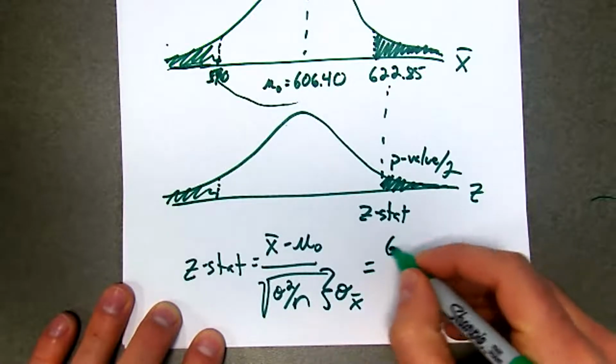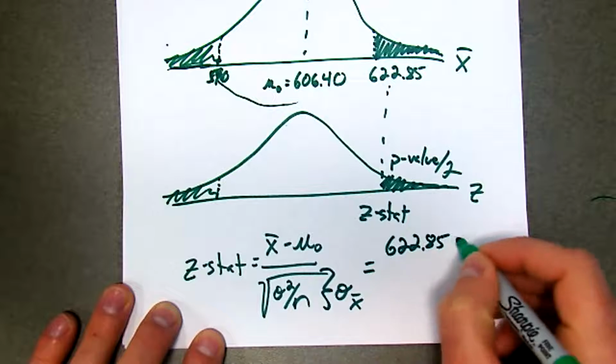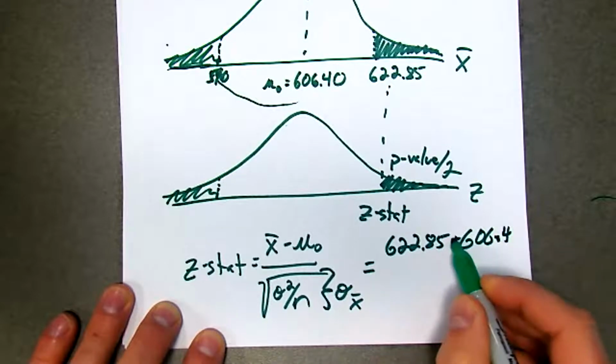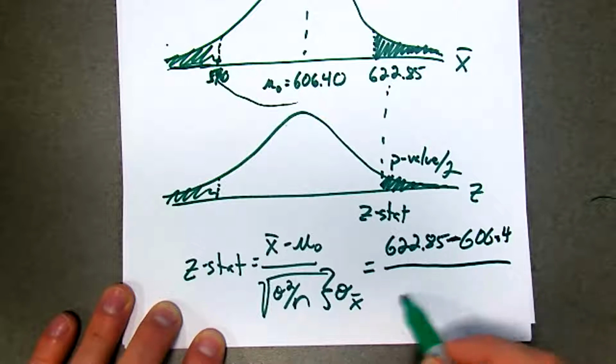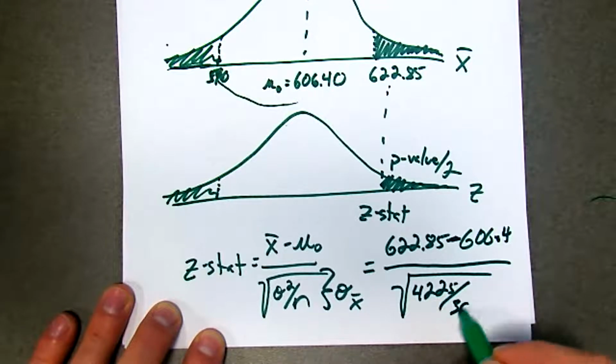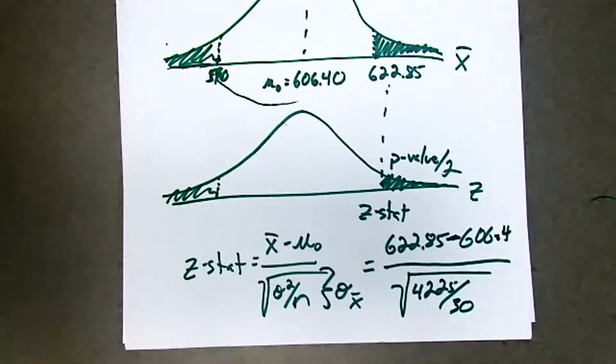So here I saw what, 622.85 minus 606.40. It's a minus sign. And then divide by the square root of 4,225 over that sample size of 30. Okay. Any questions up to that point?